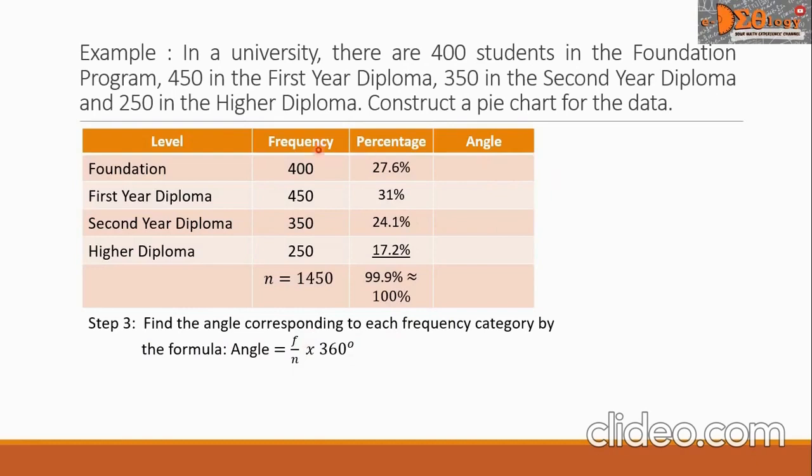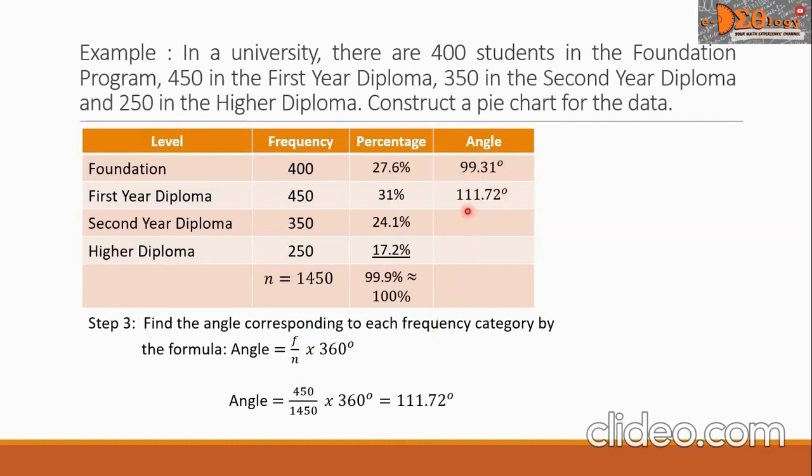Again, I'm going to use the frequency value and then divide by the n, 1450, times 360 degrees. This is equal to 99.31 degrees. This value we will copy on this blank. So we have now this 99.31 degrees.